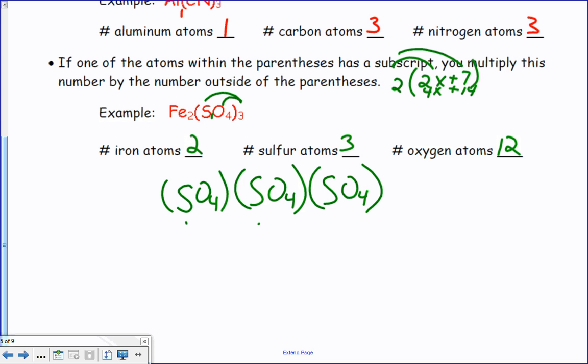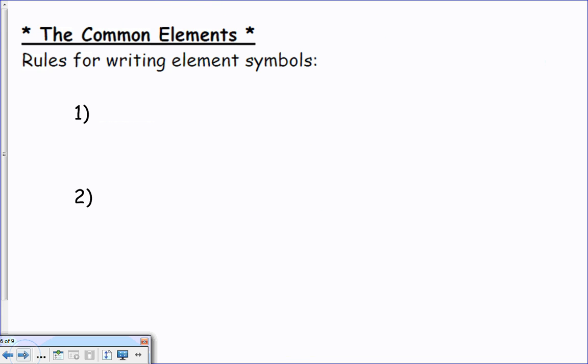I see 1, 2, 3. There we go. I got 3. And then I have 4 oxygens plus 4 oxygens is 8, plus 4 more oxygens is 12, 12 total oxygens. So whichever way works for you to rationalize it in your brain, distribute the 3 or 3 packets of, either way comes out to the same answer, and I can count out atoms correctly.